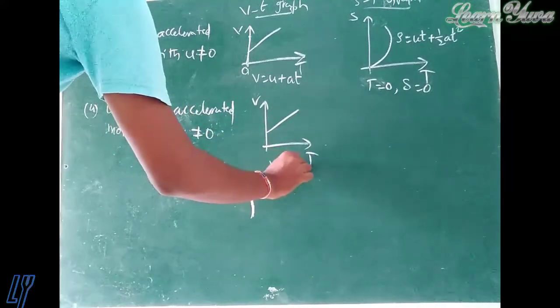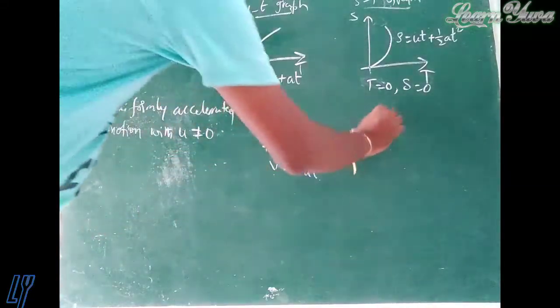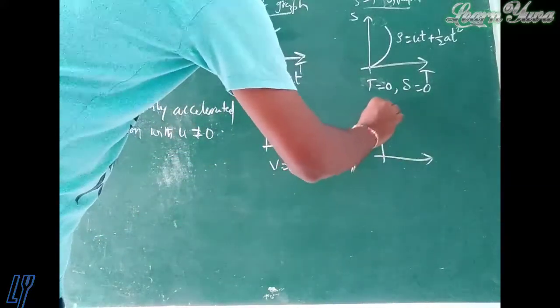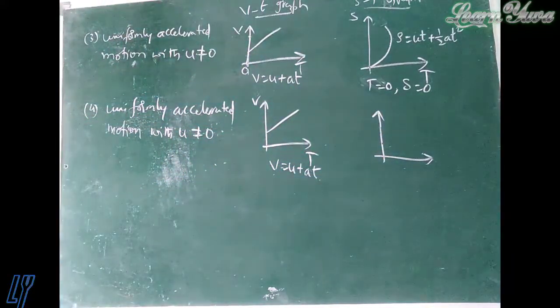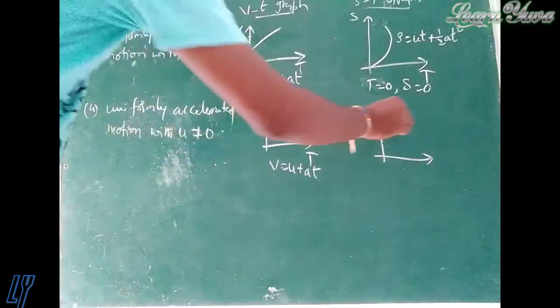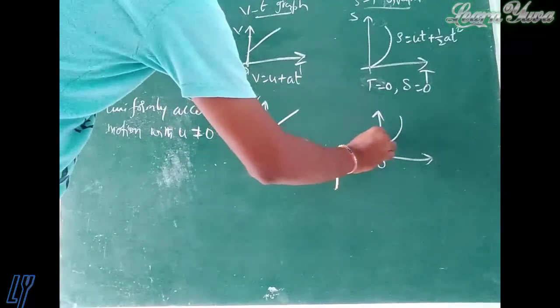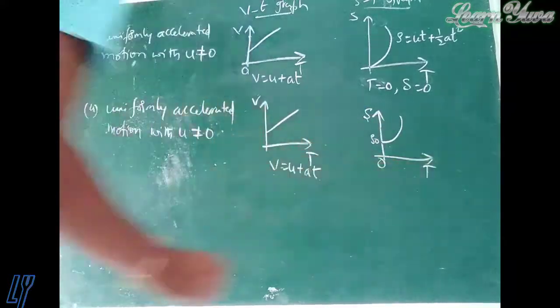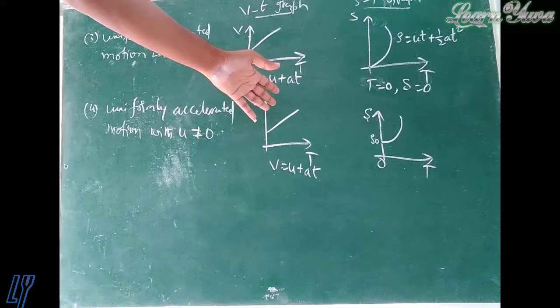Here also we can apply v is equal to u plus at. It is also the same graph, but in the displacement time graph, initially it has some displacement value. It is the s0 value. So s0 means initially it has some displacement.